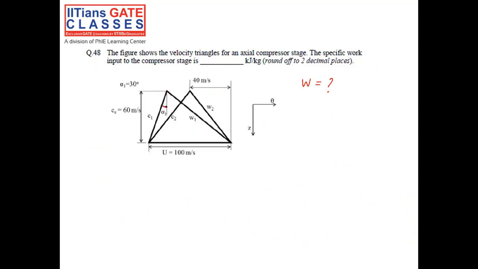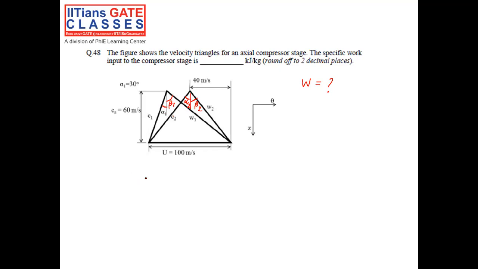This angle is alpha 1, this angle is beta 1, and this is the exit of the compressor stage, with angle alpha 2 and angle beta 2.